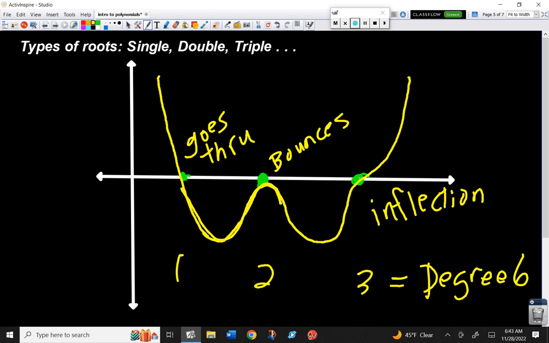And we will be looking at some degree 6s. I think the highest degree we'll get is maybe 7 or 8. But those will be really interesting to look at, and just things I want you to see. I'll be honest with you, the highest polynomial you'll ever probably deal with is going to be a degree 4 polynomial outside of high school.